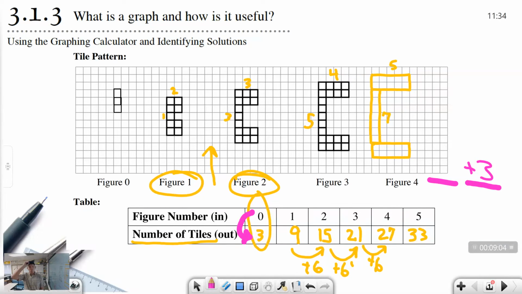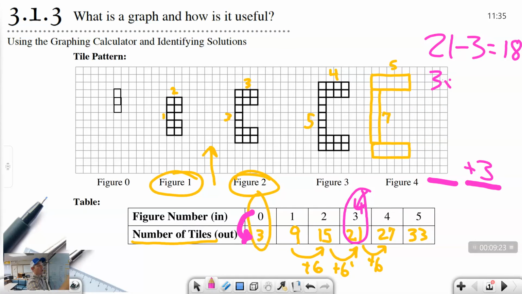Okay, now we need to work backwards. Let's go ahead and look at 3, 21. 21 take away 3 is 18. So 3 times what equals 18? 3 times 6.